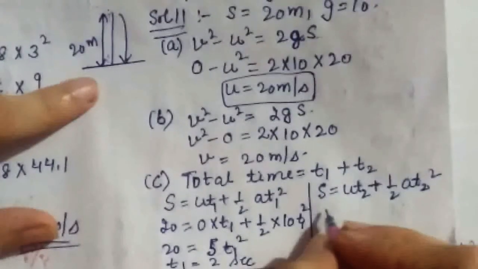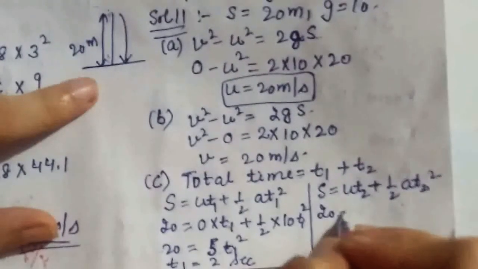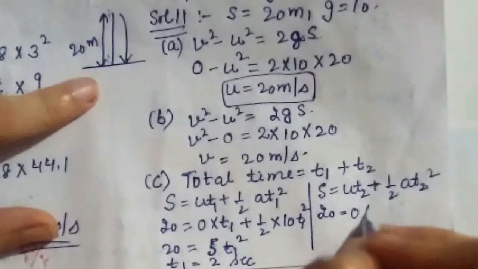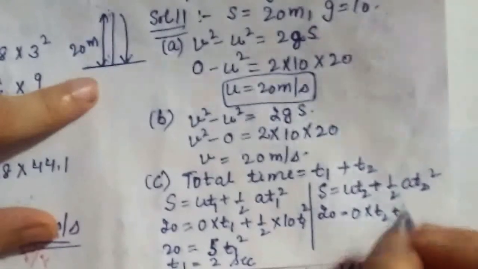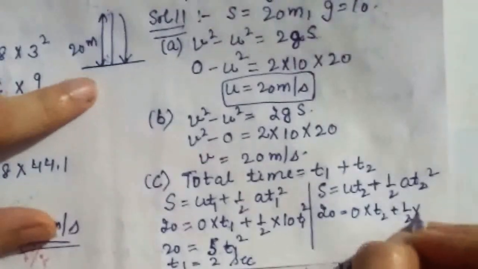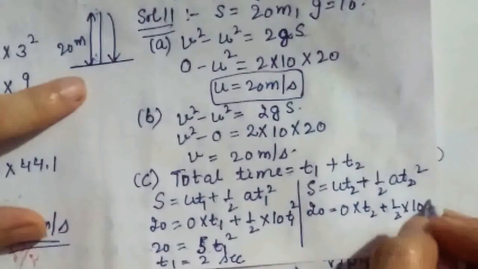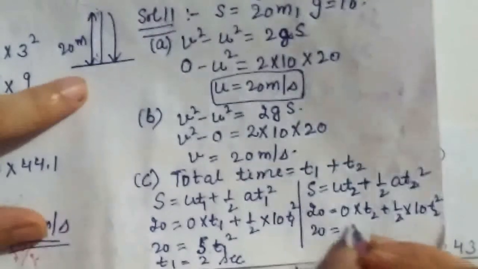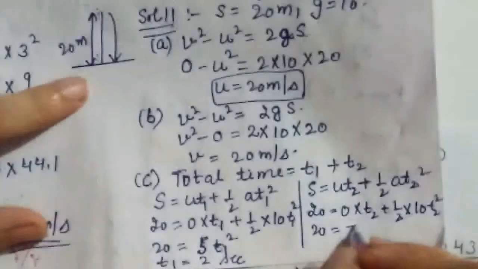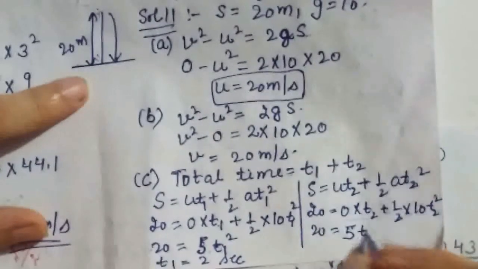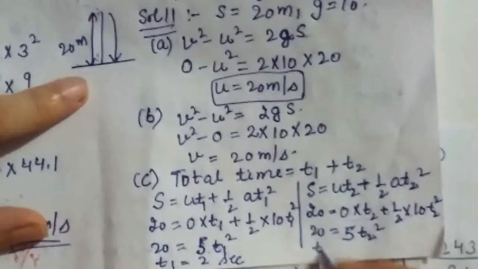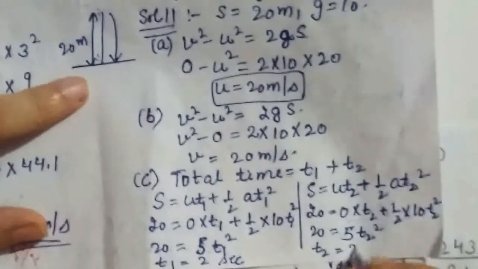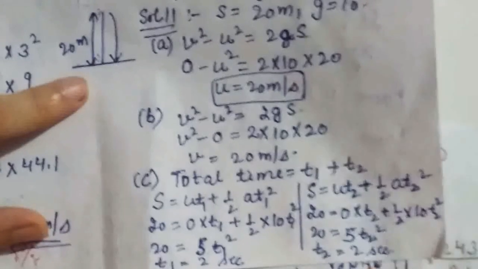Clear? Here s is equal to 20, u is 0, plus half a is again 10, T2 square. 20 is equal to, this becomes 0 and this becomes 5 T2 square, and it becomes T2 equal to 2 second.